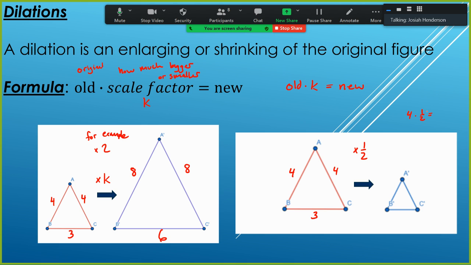Can anyone tell me what we'll get when we multiply 4 times 1/2? Four times a half. Can anyone do that one for me? Or tell me how you start it, how you think about it.